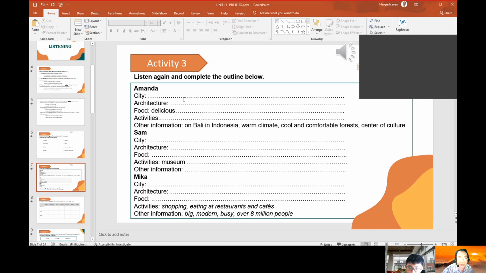And we're able to identify also the architecture, their food, their activities. And maybe one of these days, if you happen to go there, you can tell that, oh, I heard of this place because we were able to study them, right?